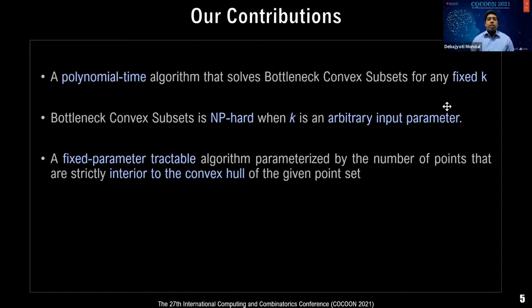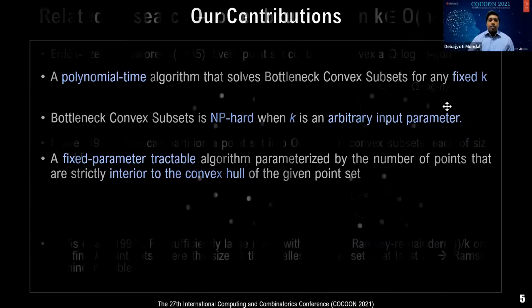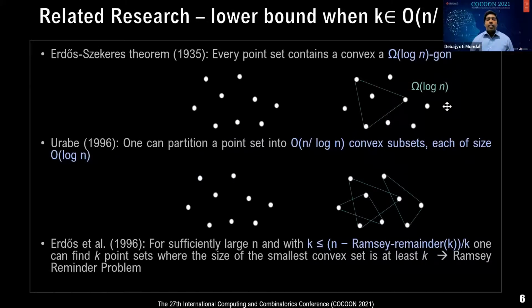And finally, we show a fixed parameter tractable algorithm for this problem, where the parameter that we use is the number of points interior to the convex hull of the input point set. Now let's see some related research. We have already seen that for finding the largest convex point set, we have a polynomial time algorithm.